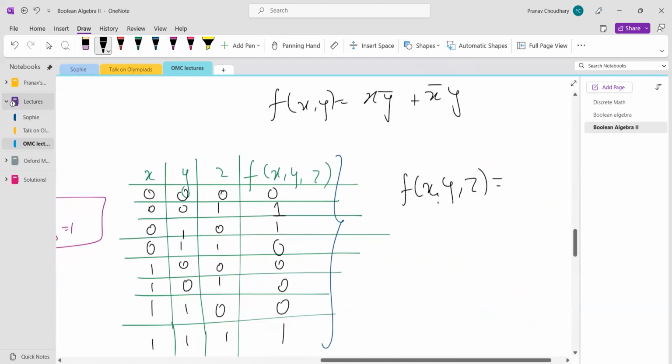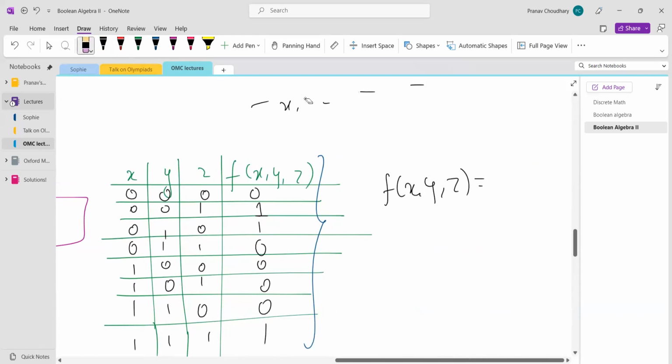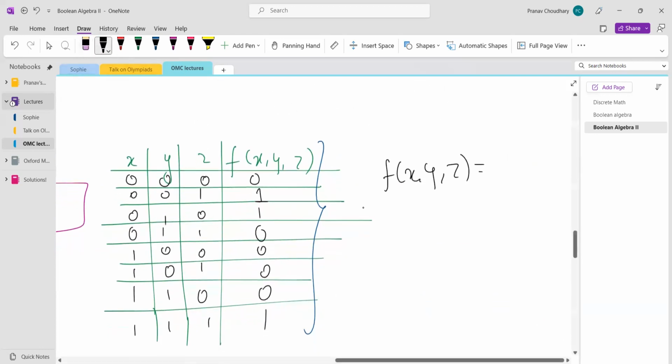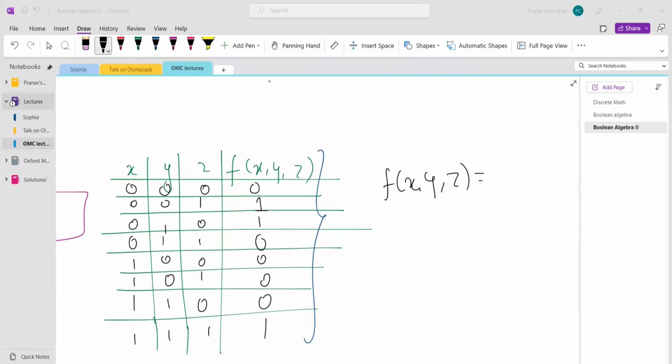So using this idea, can you write this thing? Okay, if this seems harder, let's move one step back and let's just try to write this thing as a function first. Any idea?